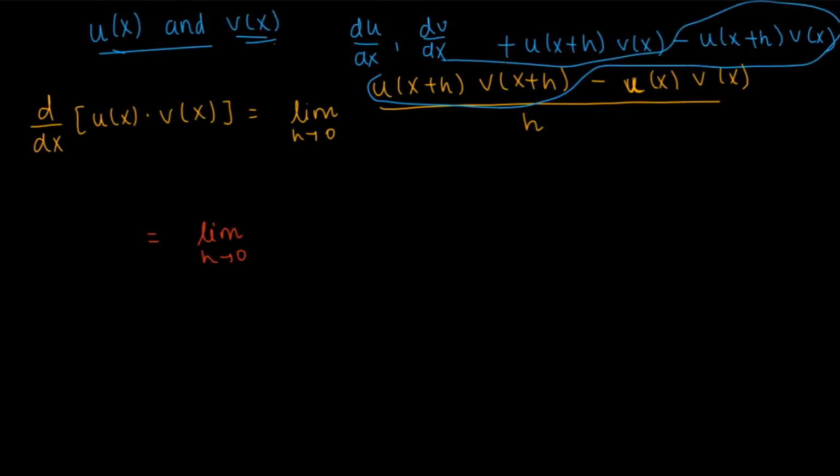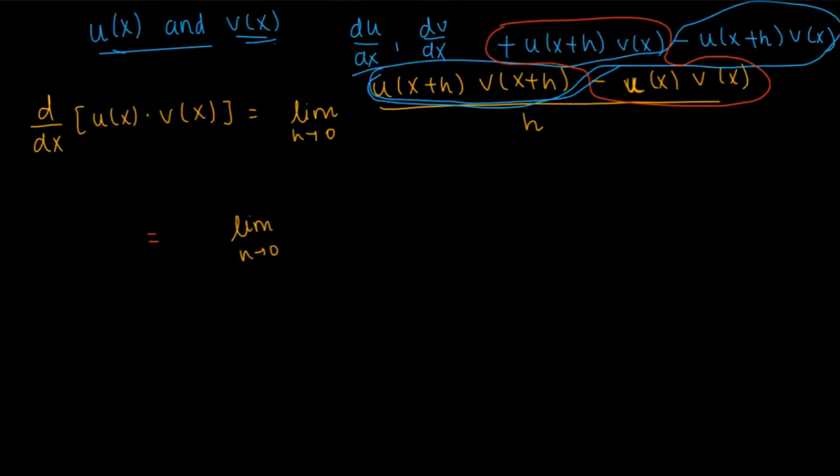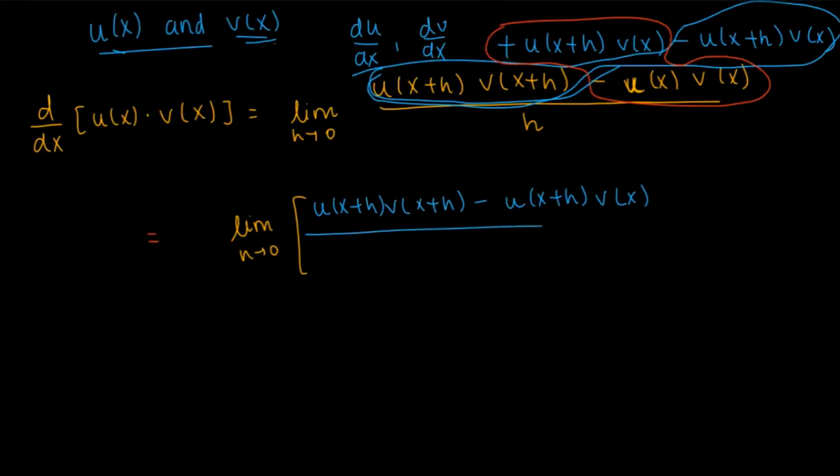And this is a really common tool in mathematics, and it's used a lot in writing proofs, and we're just using that technique. Now, if you just see this first thing that I've circled in blue and write it out, you can write this entire thing as the limit as h goes to 0 of, the thing in blue, u of x plus h times v of x plus h minus u of x plus h times v of x, all of this being divided by h.